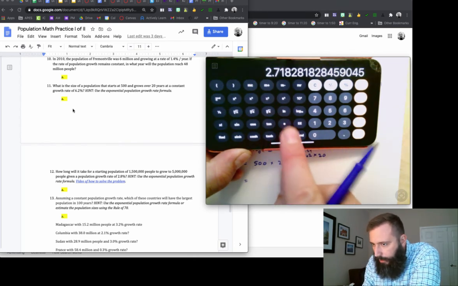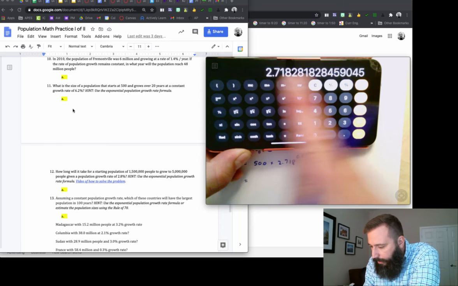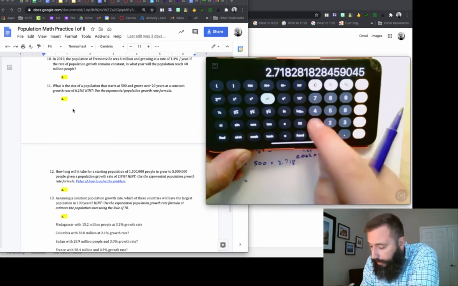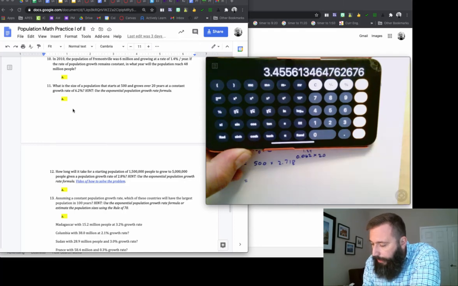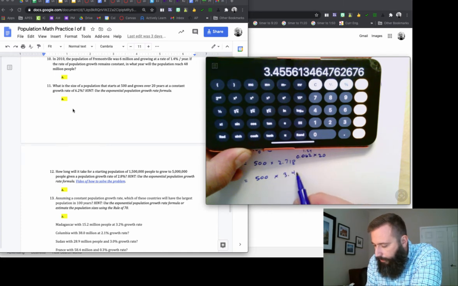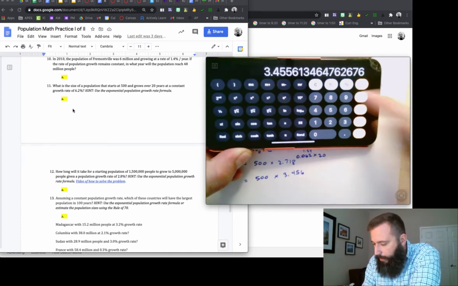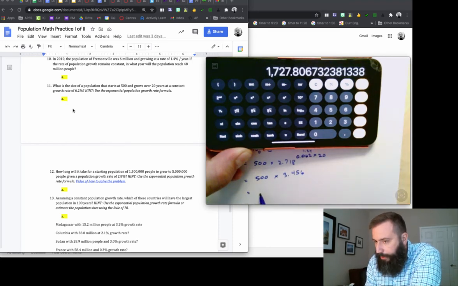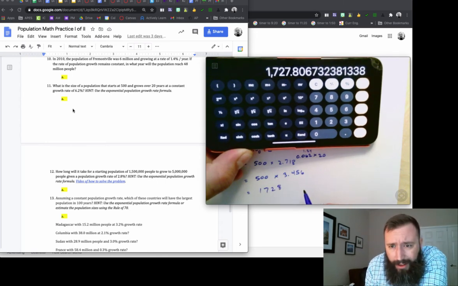And my button to do that is x to the y here. So that's going to be my x, the next thing I type in will be the exponent 1.24. That's 3.456. We multiply that times 500, and the answer is going to be 1,728. What's my people?